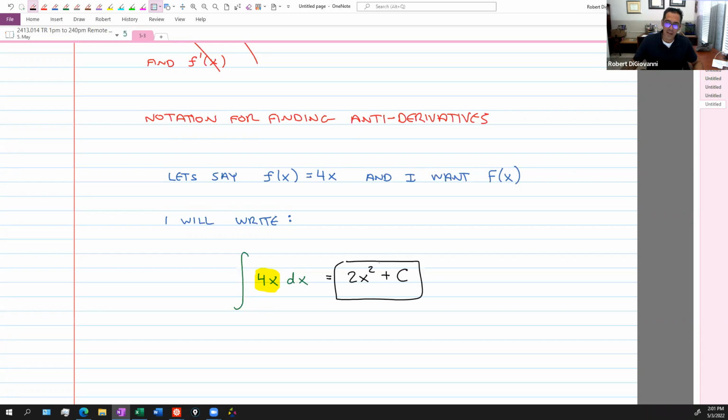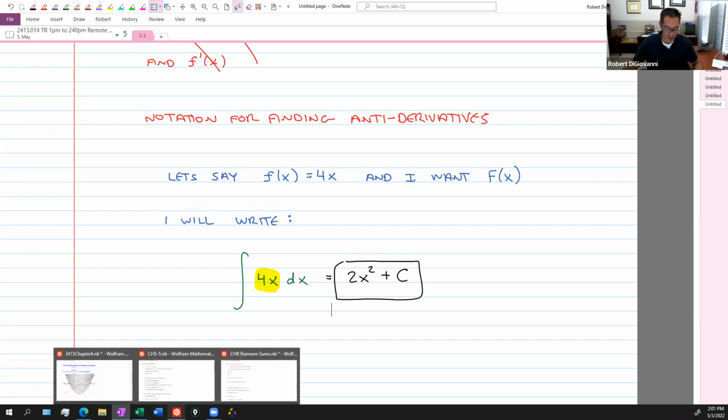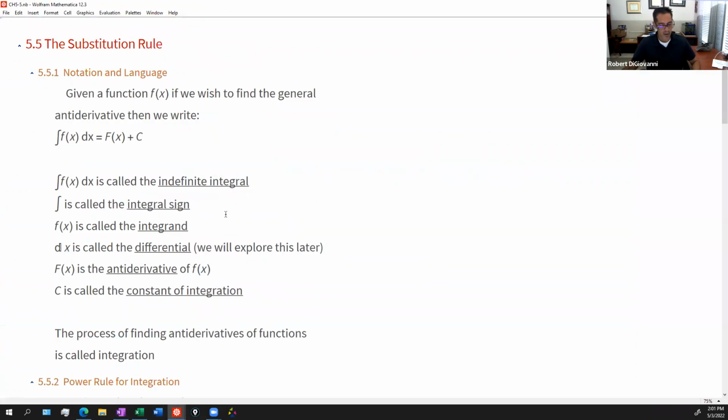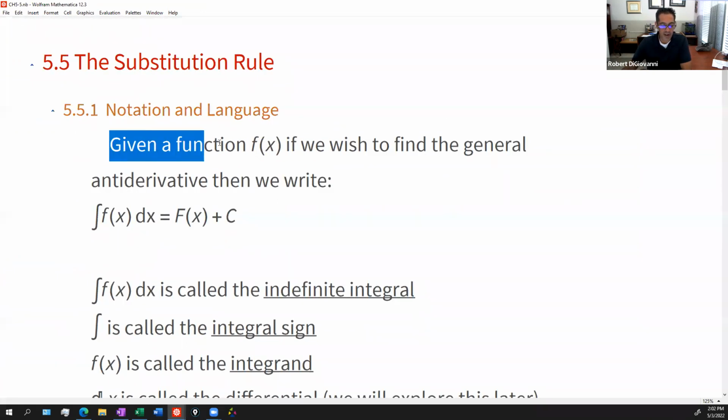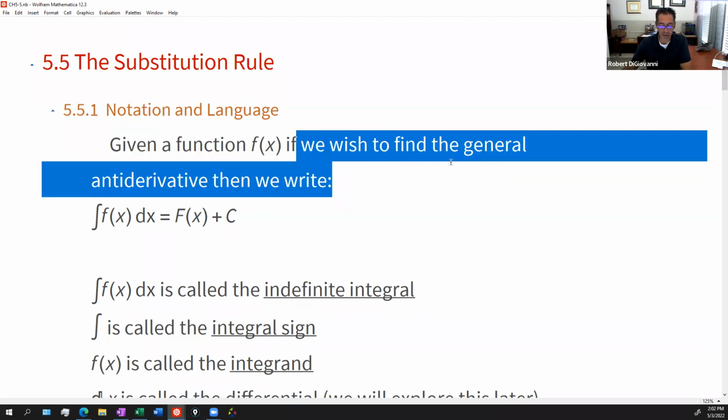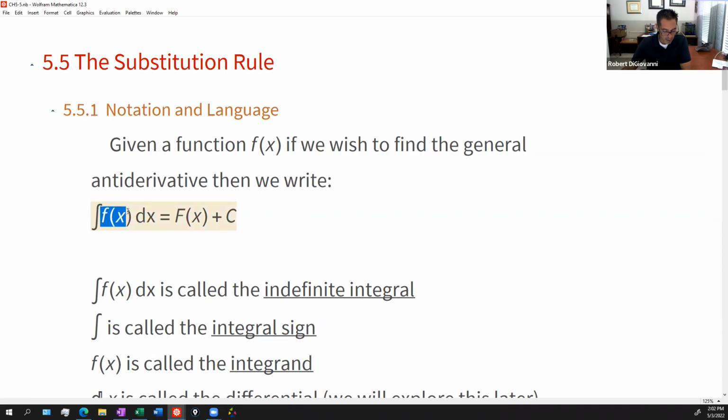Well, let me get to where it shows you what all this notation means, what it's called, the language of it. Let me make this a little bigger for you. If we're given some function f of x, and we wish to find the general antiderivative, then we will write this symbol, the function, a dx. That's the notation.